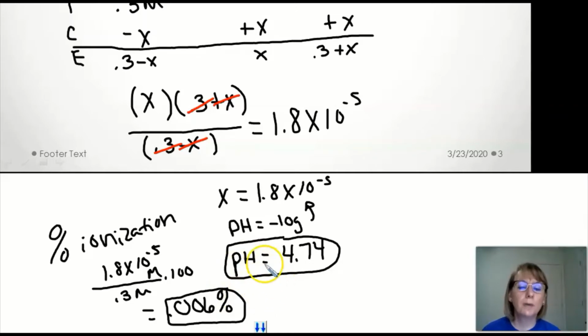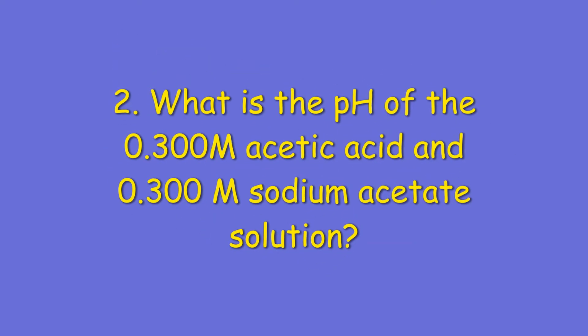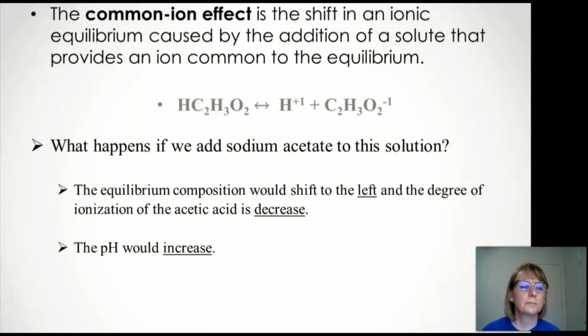This is known as the common ion effect. So if you put something in a solution and they share this common ion, if one of the substances is trying to reach equilibrium, and it doesn't fully break apart, then you can get a disruption. So the common ion effect is a shift of the ionic equilibrium caused by addition of a solute that provides an ion that is common to the equilibrium.